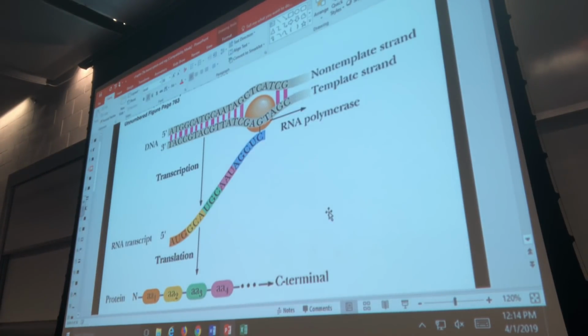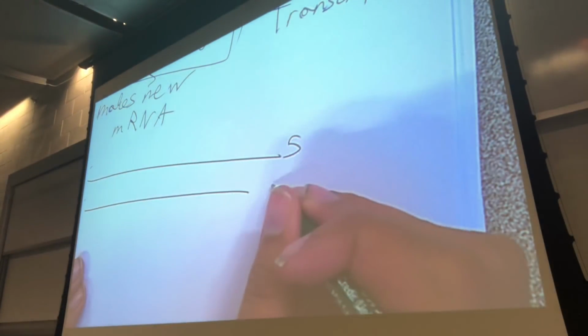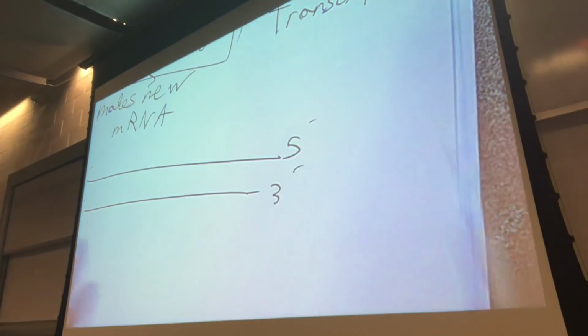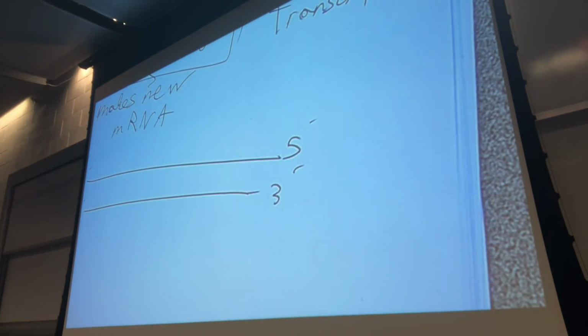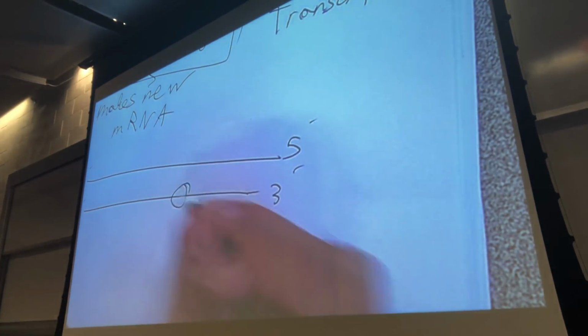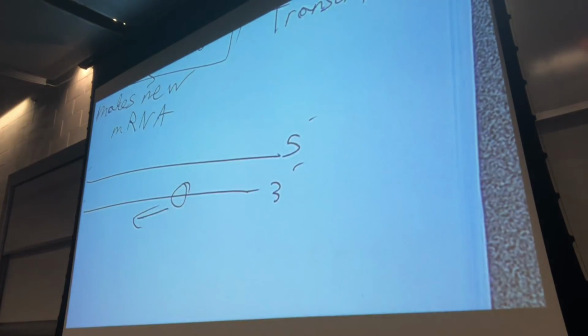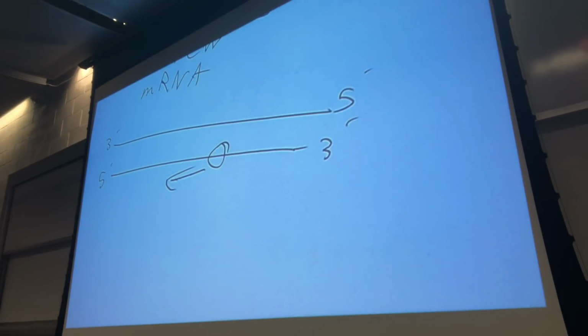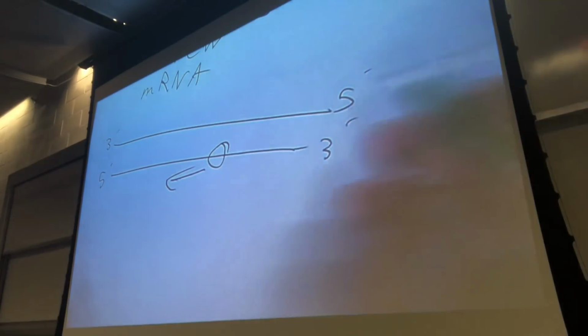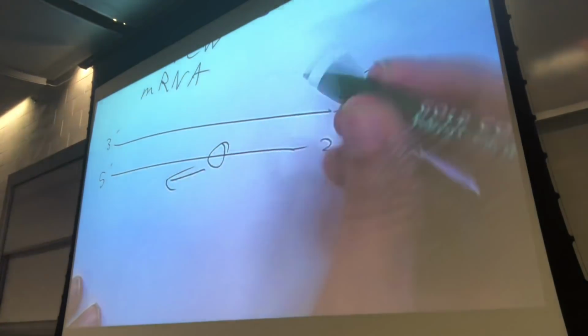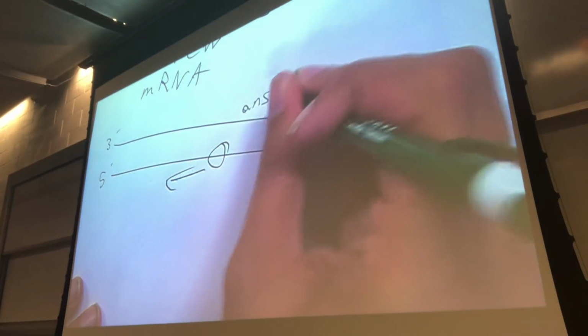I will stress that this is not always true, because what if I decided to flip it around? A lot of people will think, for example, maybe the RNA polymerase is going to bind here and go that way. Using the rules up there is not going to help you, because if you use those rules, this up here would be your antisense strand.